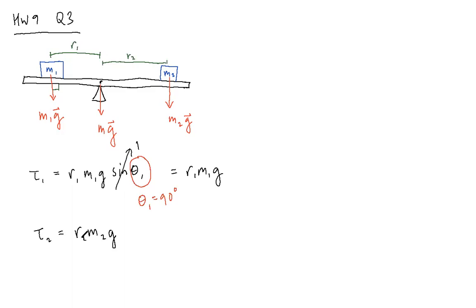Okay, so there's our torque. This one also has a 90-degree angle, so again we just multiply by 1 because the sine of 90 degrees is exactly 1. So we have R2 m2 times g.